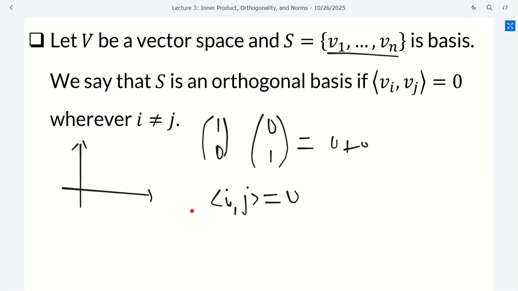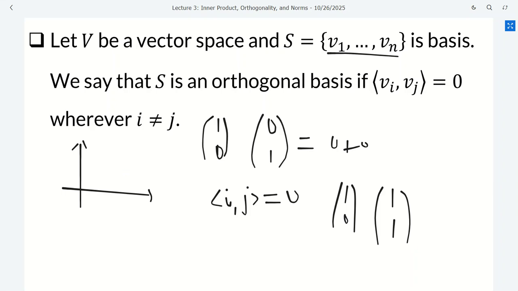I want you to tell me whether this basis is orthogonal. Just 1 minute. Is this basis orthogonal? Just look at it and tell me. You can type it, or send it in the chat.